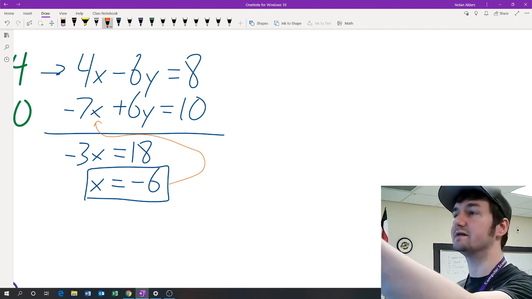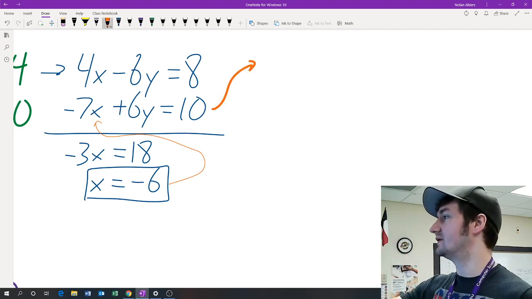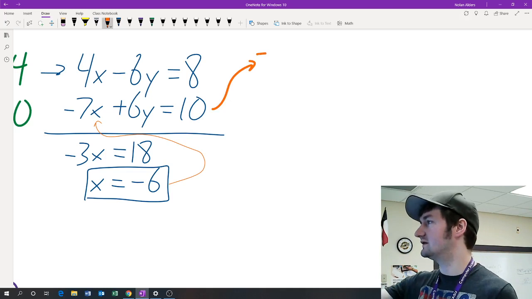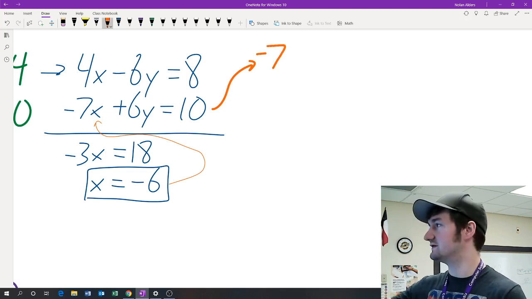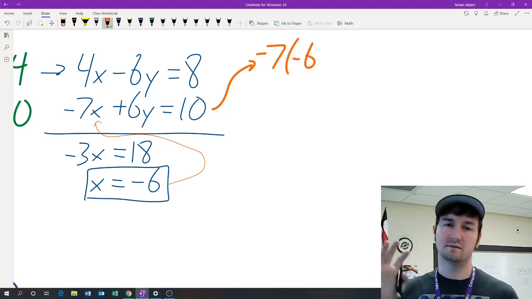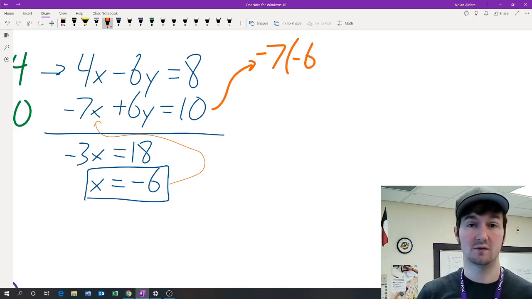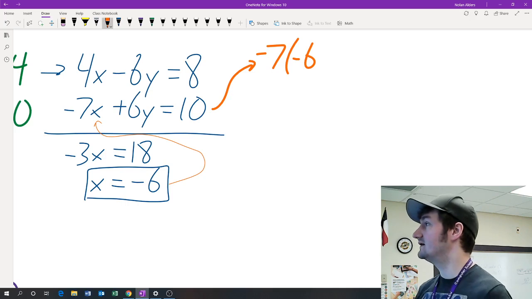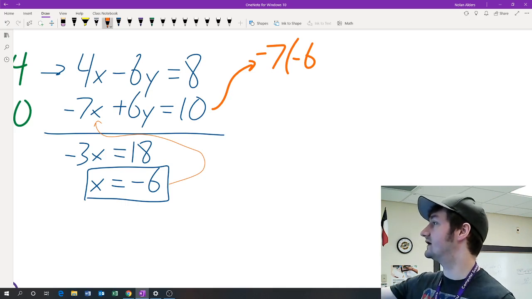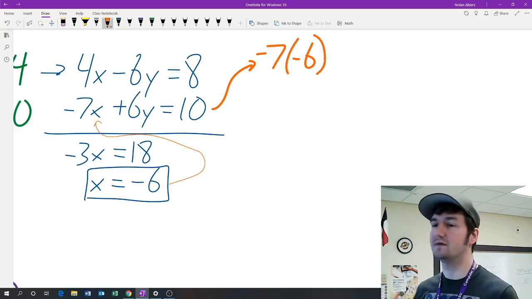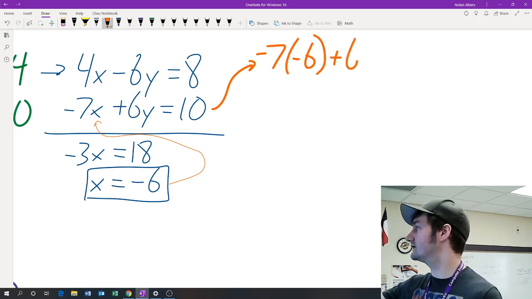So let's rewrite this equation up here. We'll have negative 7 times x, which is negative 6. I want to make a note: it doesn't matter which equation you choose. You could have chosen the top equation if you would have preferred. Negative 7 times negative 6 plus 6y equals 10.